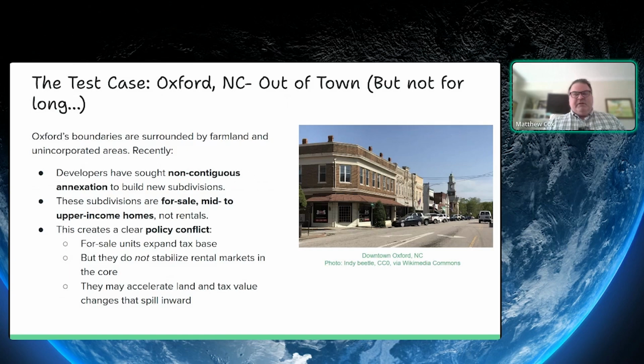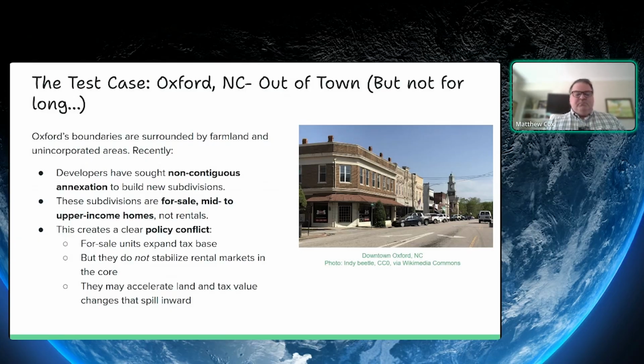That means that the subdivisions being created or being proposed are outside of the city limits for purchase. They're mid to upper income homes. They're not rental homes. And this is important because they're not the type of homes that are going to feed existing populations who are under the conditions where they're renting homes rather than purchasing them.